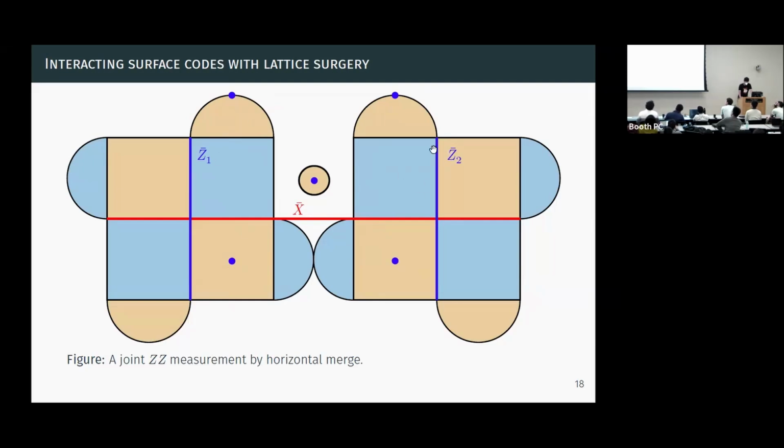Okay, so by measuring these stabilizers, we have now computed Z1 times Z2. So this is a joint ZZ measurement.